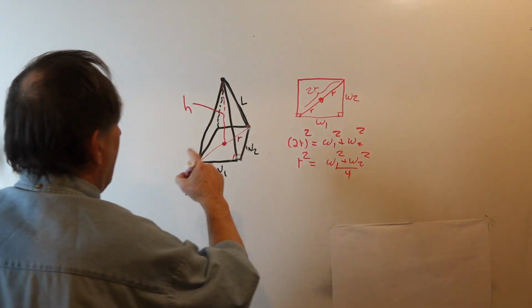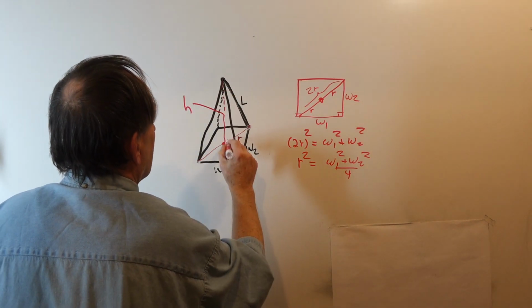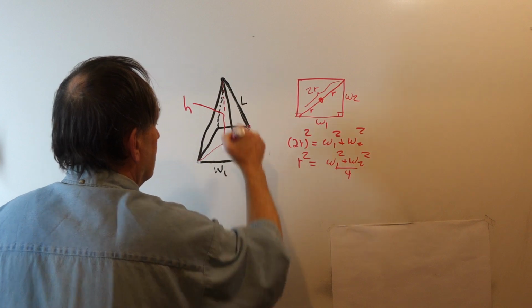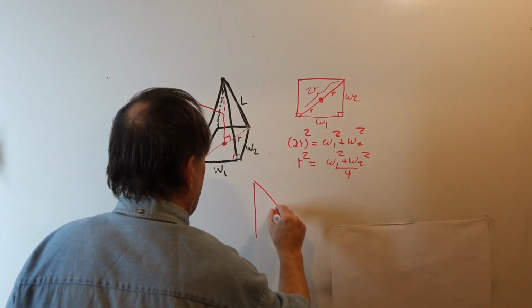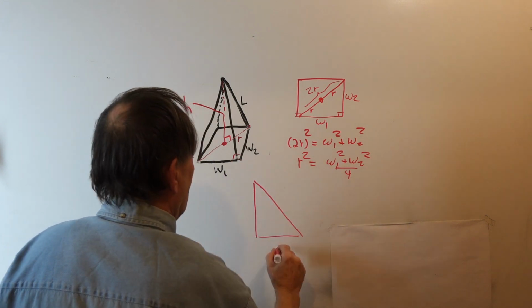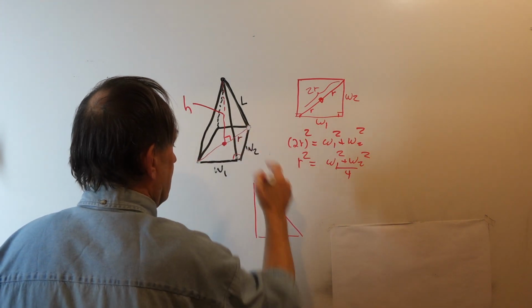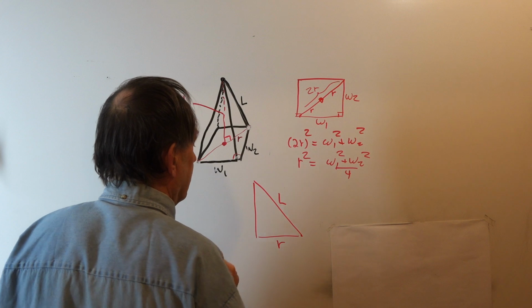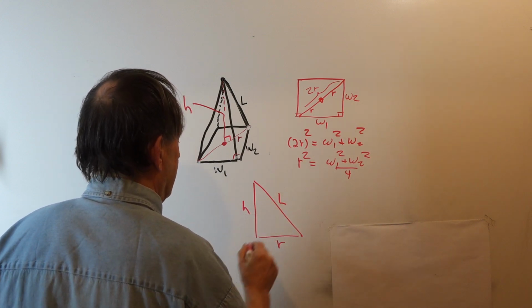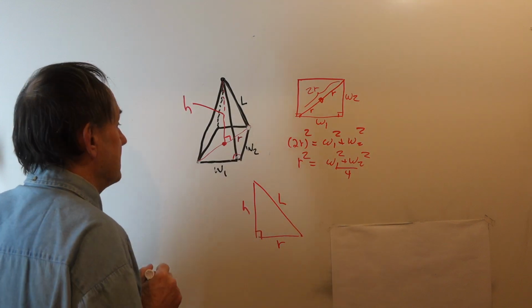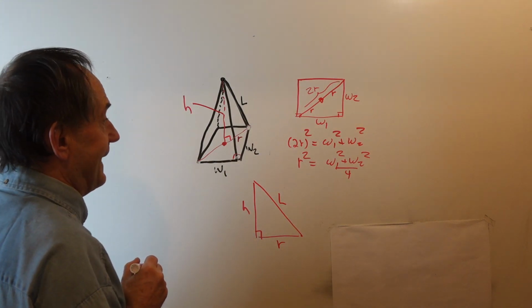Now, the height, we have a right angle here, so looking at this portion, we go out r on the base from the center out to one of the vertices, and then we have our height h, and this is a right angle, so we can use Pythagoras' theorem again.